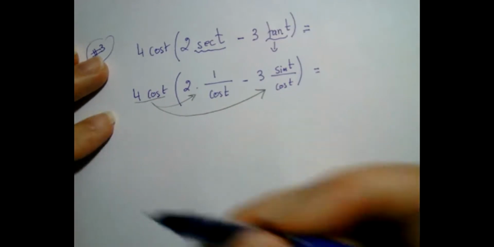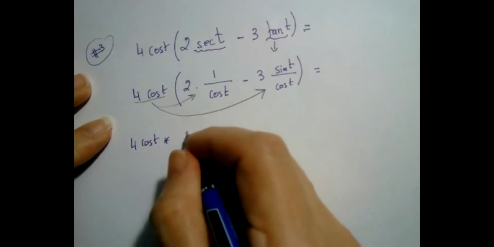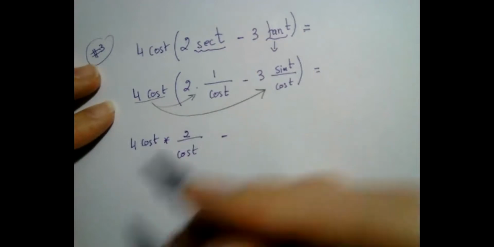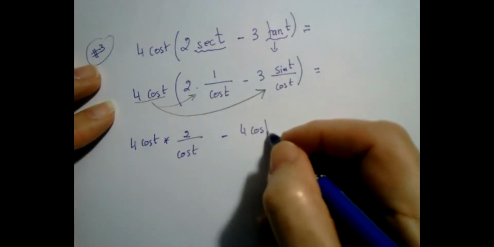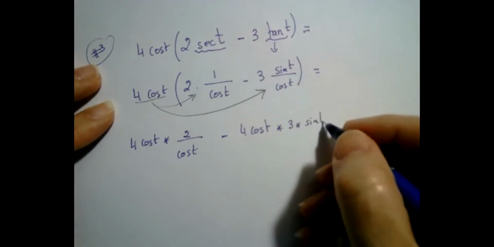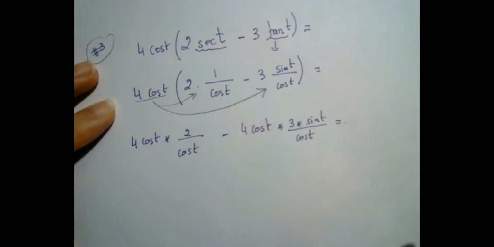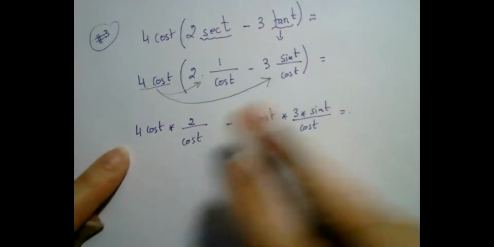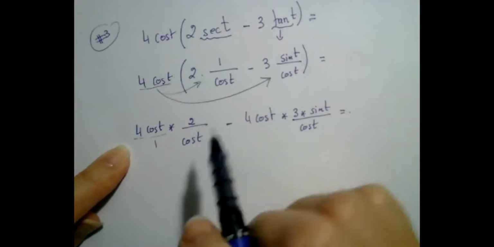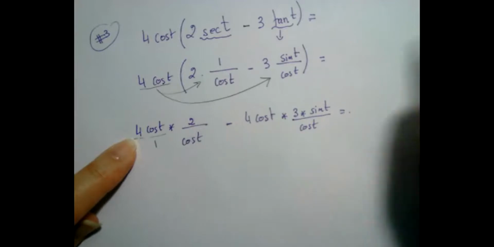So what do we get when we distribute? I will have 4 cosine t times 2 over the cosine of t. So I am distributing minus 4 cosine of t times 3 sine t over cosine t. And now what does this give me? You can think of this as a fraction multiplied by another one. We multiply across. 4 times 2, that's going to give me the 8.